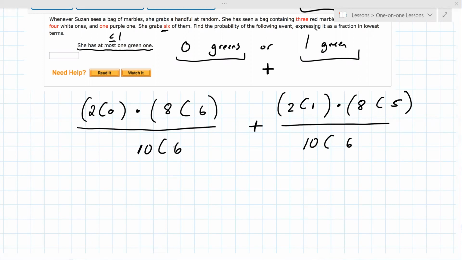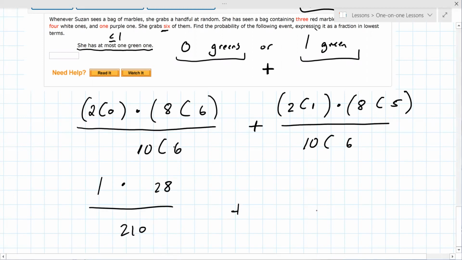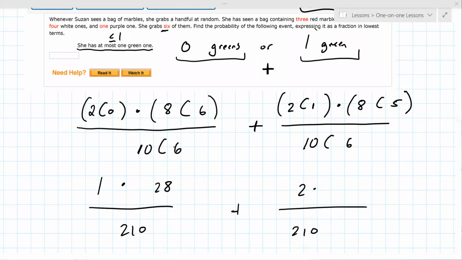So 8 choose 6. So this is 1 times 28 over 10 choose 6. That's 210 plus 210. So this is 2 times 8 choose 5. 56.